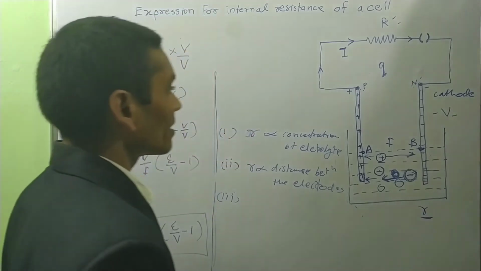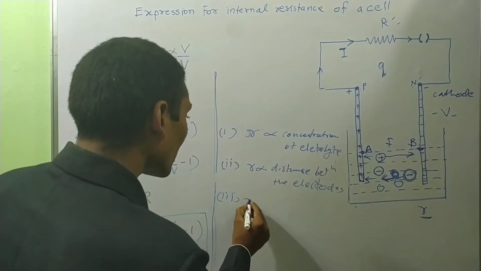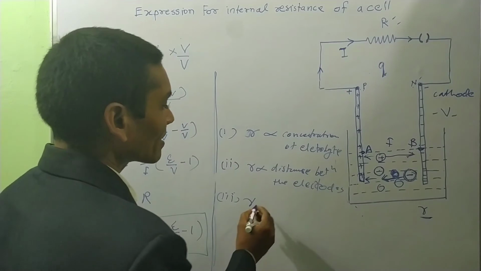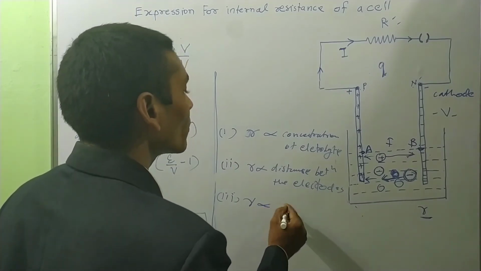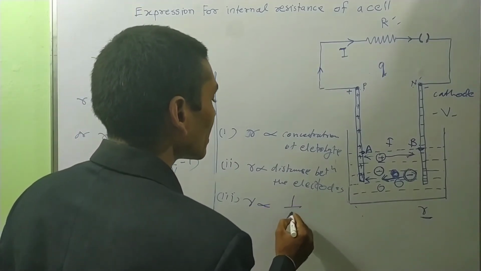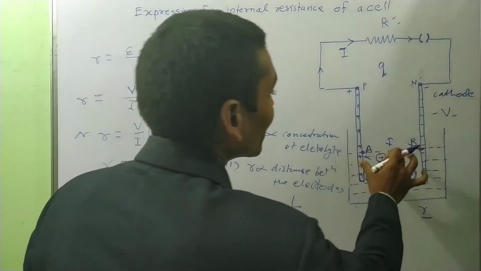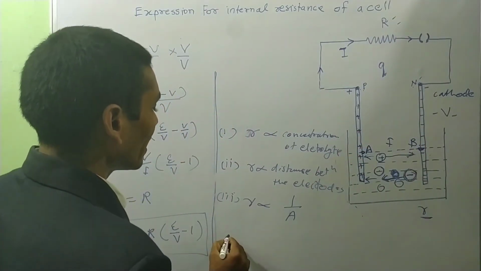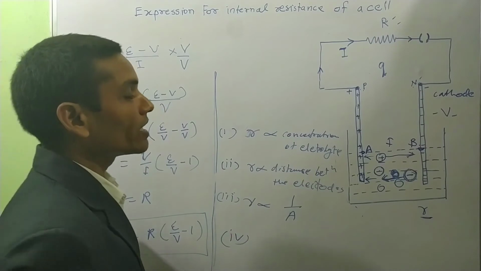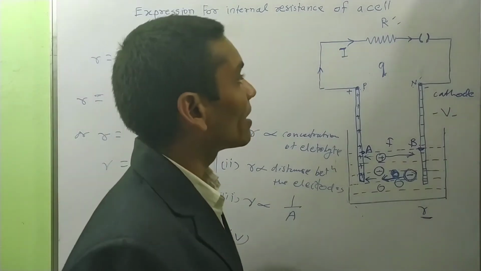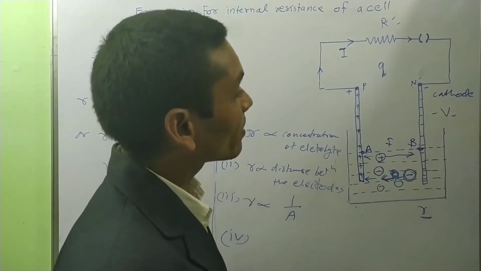So the internal resistance of a cell is inversely proportional to the dipped area of the electrodes. And fourth, the internal resistance of a cell is affected by the temperature.